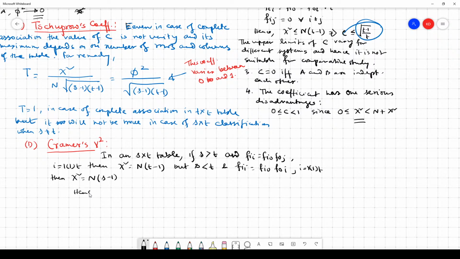Hence, for any s cross t table, chi square is less than equal to capital N into minimum of s minus 1, t minus 1.